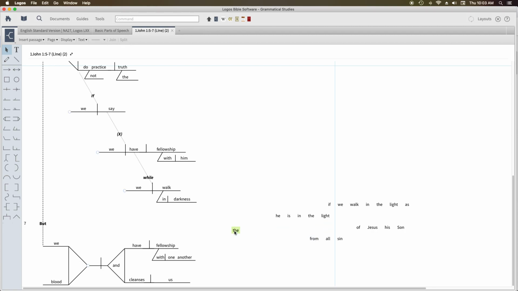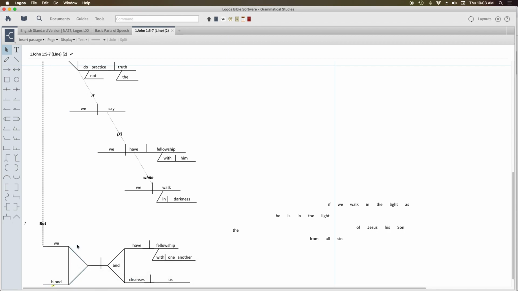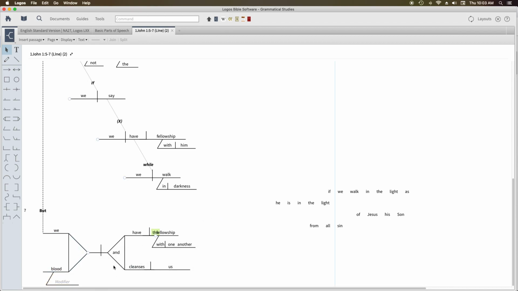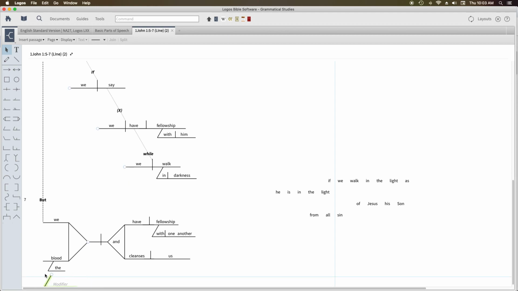So the blood and blood of Jesus. And so that's actually modifying blood as well. Oh, wait a minute. I got the wrong one.